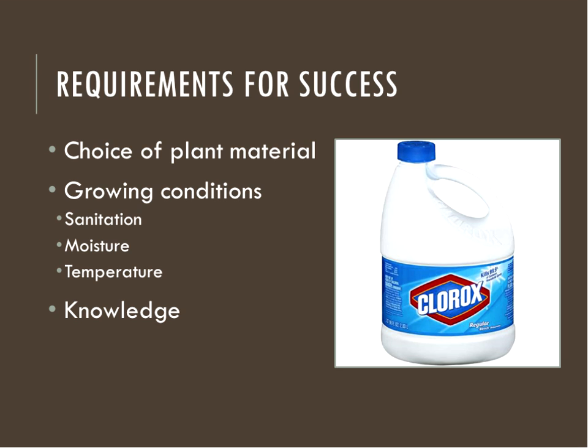And then finally, you need to know general knowledge about propagation techniques and specific knowledge about plants. Every plant species has a certain time of year, a certain propagation technique that is best suited to that plant species. And that's something where having a really good resource is going to help you. And I'll give you guys some examples of those as we go along.